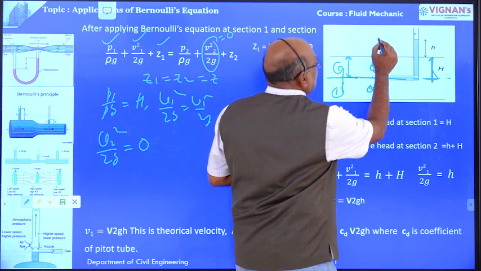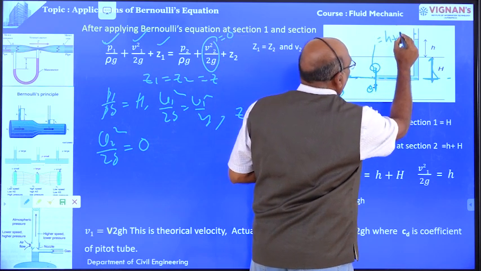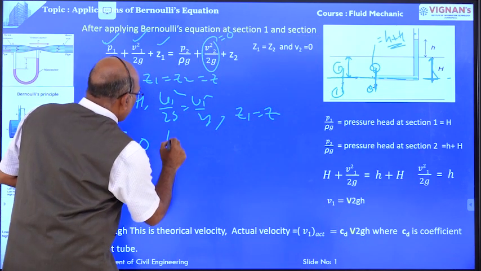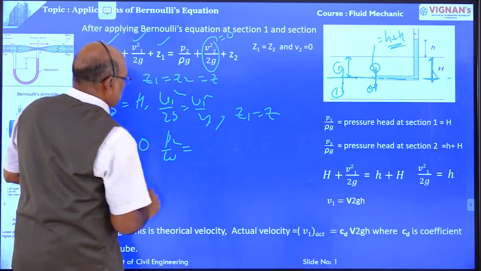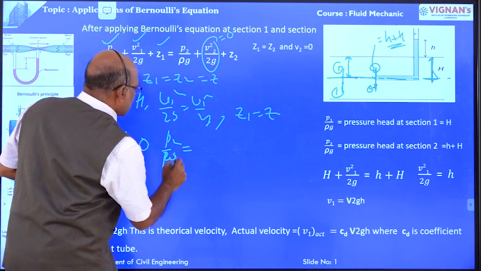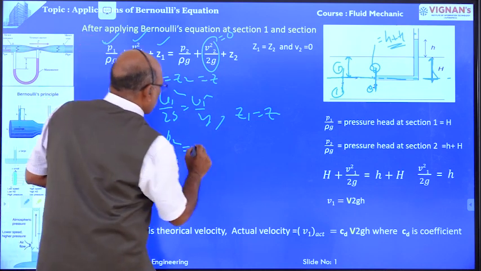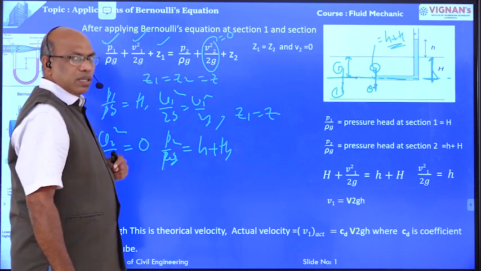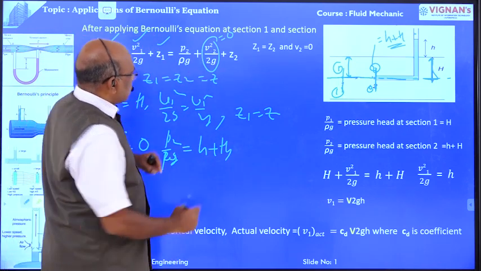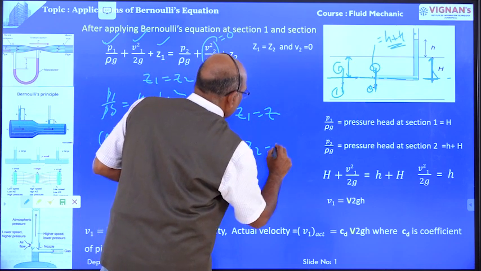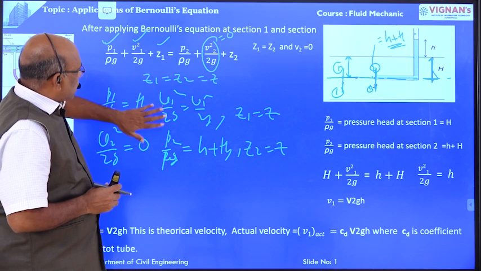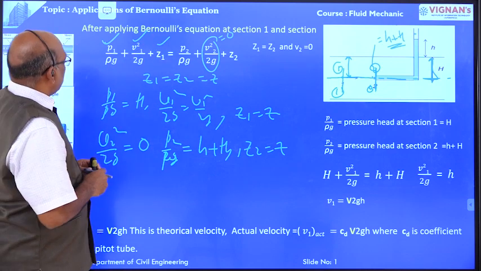Therefore, the pressure head at section 2-2 is equal to small h plus capital H. So P2 by rho g, the pressure head at section 2-2, is equal to small h plus capital H. And another one, Z2 is equal to Z.